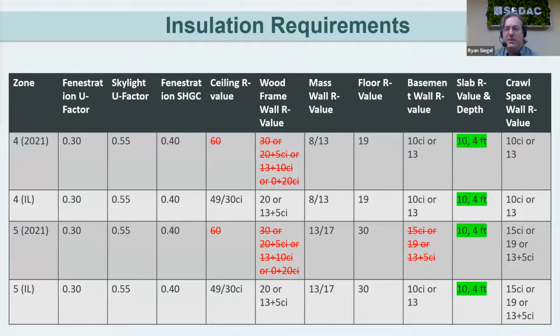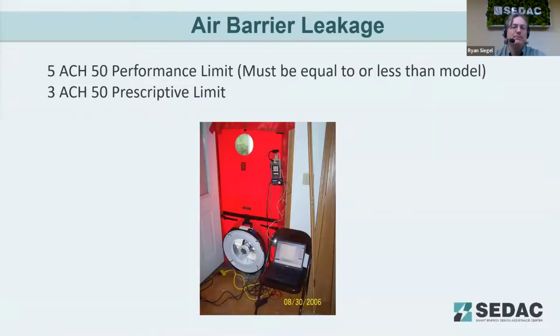So that is something that you may have noticed or recognized when we were going through some of the other residential things, that the insulation was not in there. And that's because it's an Illinois amendment. So air barrier leakage rate. Previously it was a 4 air changes per hour limit. Illinois is looking to drop their amendment and join the rest of the country at 3.